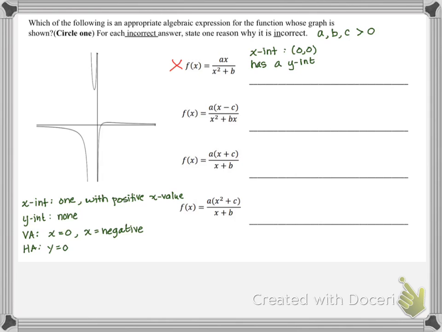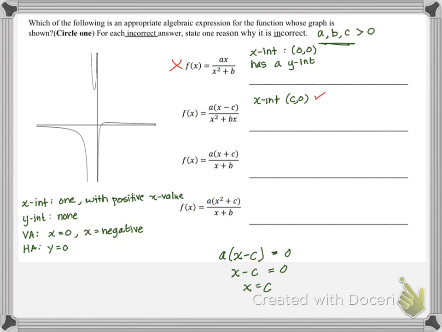Equals 0. Yep. So if a times x minus c equals 0, that means that x minus c is equal to 0 because we know that a is not equal to 0, right? Which means x is c. Well, that works. Yeah?